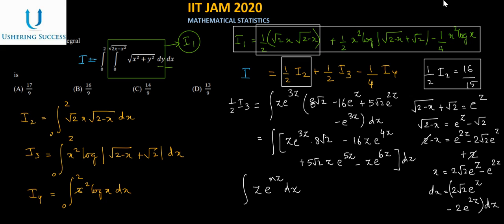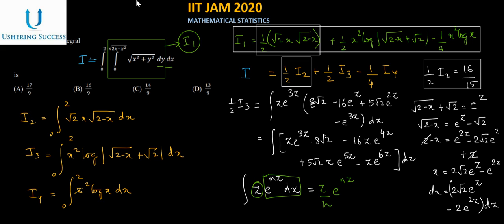So we know that we have to use integration by parts, where we take z as the differentiable variable and e to the power nz dz as the integrable factor. So we can write this as z and 1 by n e to the power nz.